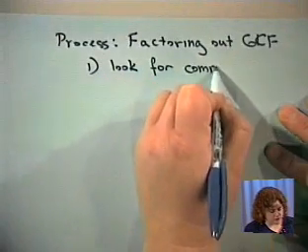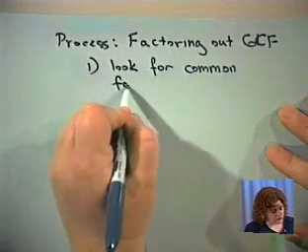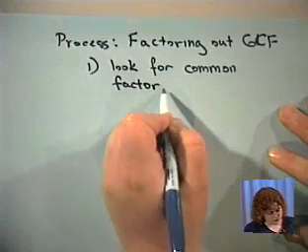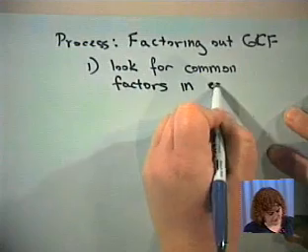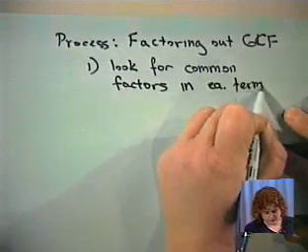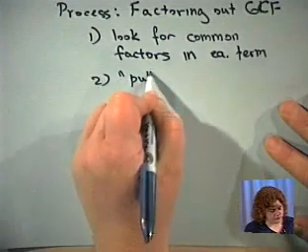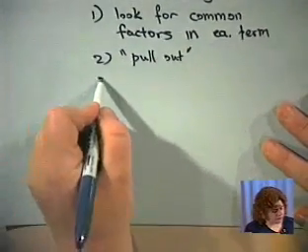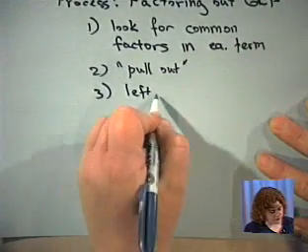So knowing the multiplication becomes very important so that you can recognize where your terms come from. Look for common factors in each term. And then you're going to pull them out. And you're going to put the leftovers in parentheses.